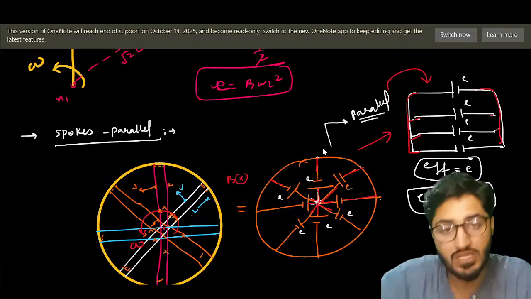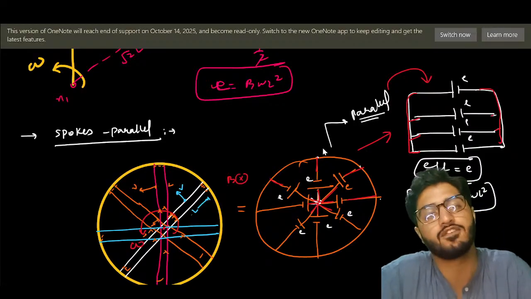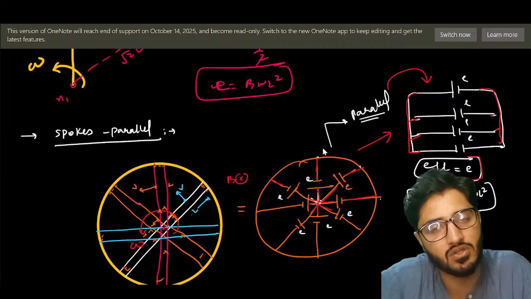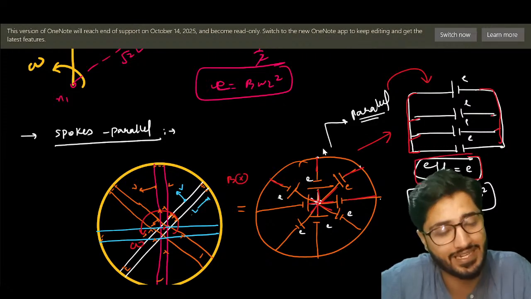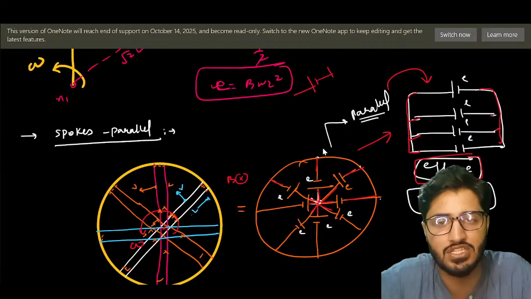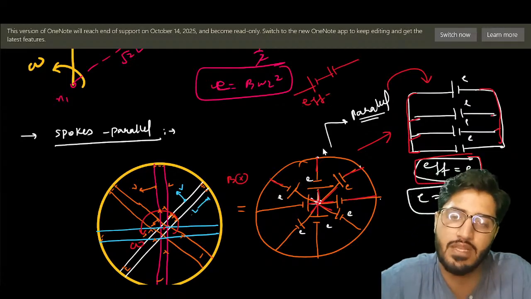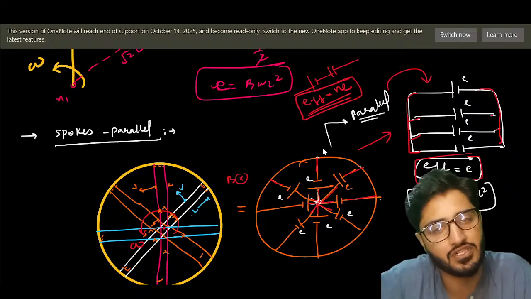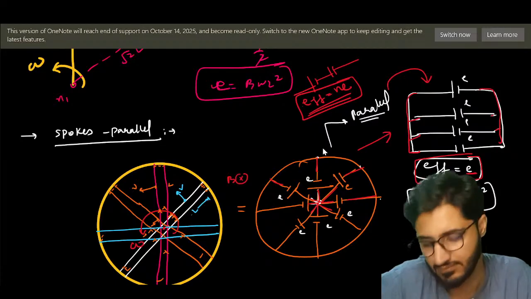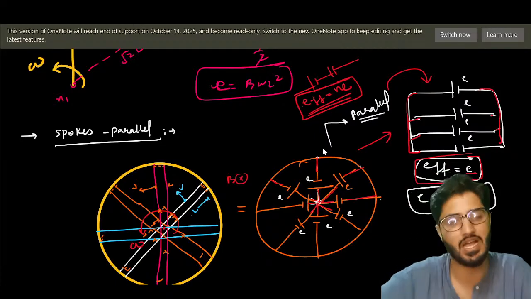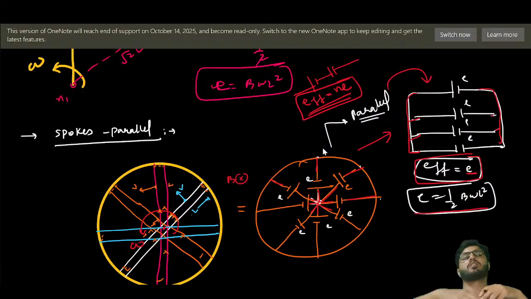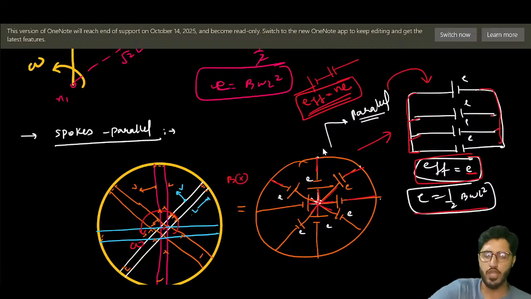In my class on electric current, in series E effective is N times E, but in parallel combination E effective is only E. That's why I wrote it is E only. If we have 20 spokes, 100, or 50, it doesn't matter. E will be the same for all of them: 1 by 2 B omega L square.